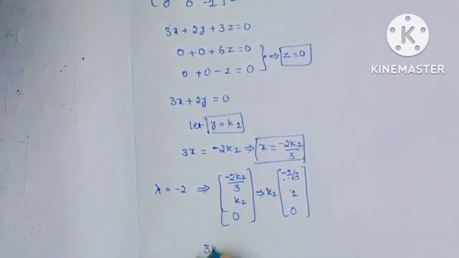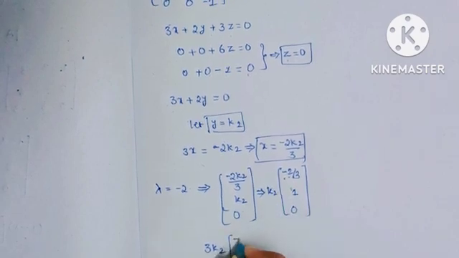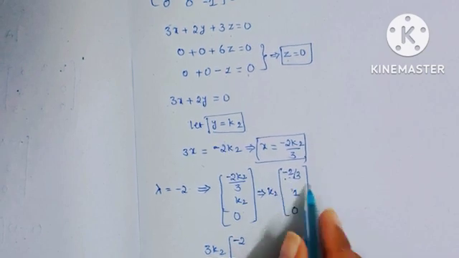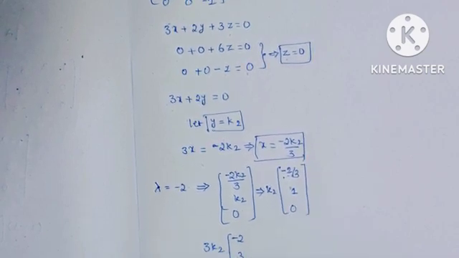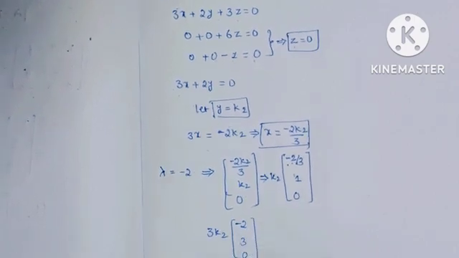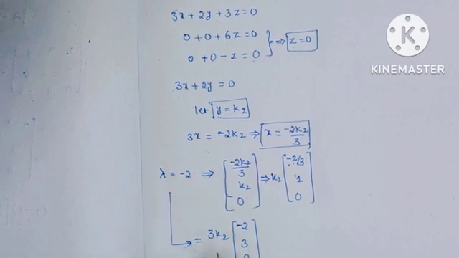So 3k2 equals 3k2 into minus 2, where we are just multiplying with 3. That's it. So here 3 into 0 is 0. So we are getting this much. This is the eigenvector for a given eigenvalue.